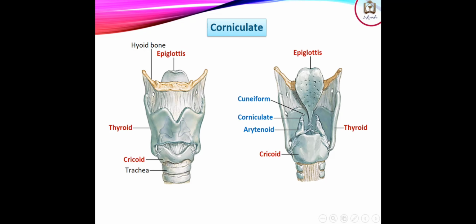Both corniculate and cuneiform are situated in the depth of this fold called the aryepiglottic fold.